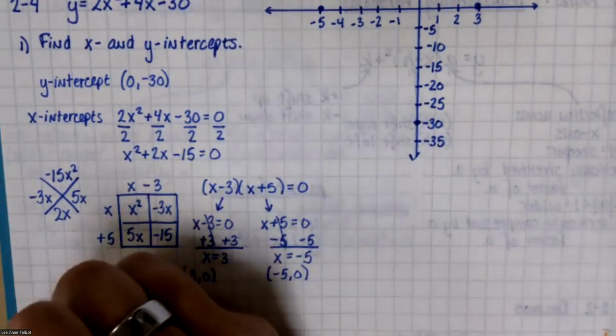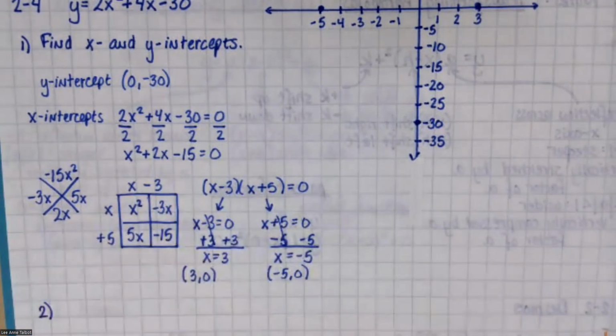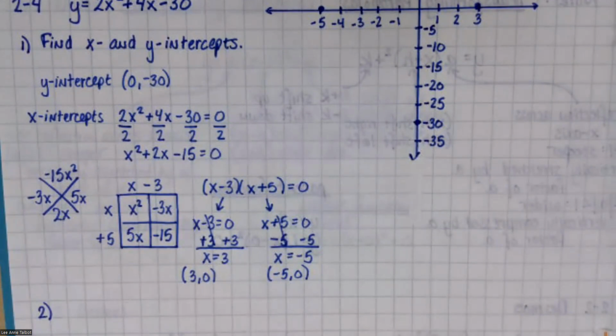Why do we get to be lazy with the table? It's the same on both sides. It starts with S. Symmetrical. Beautiful. Okay. So because we know the parabola is symmetrical, we can find the middle with the x-intercepts.